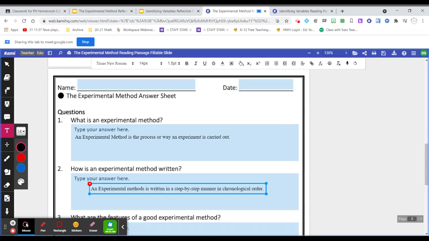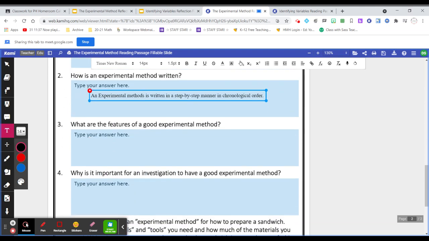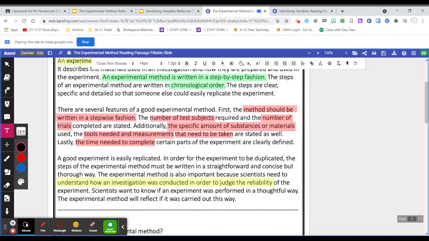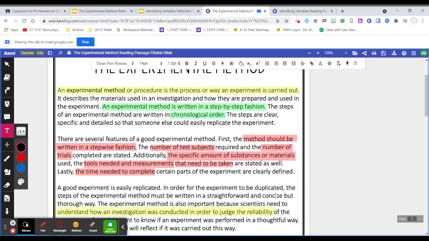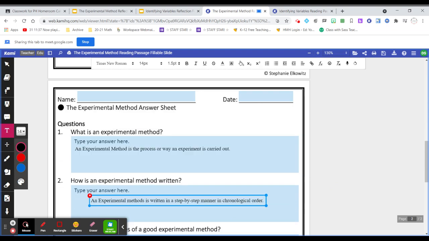Awesome. All right. So our next question is, what are the features of a good experimental method? Let's go back to our text. Do you think maybe Miss Wolf highlighted those as well? All right. So you tell me what you think the correct answer is.